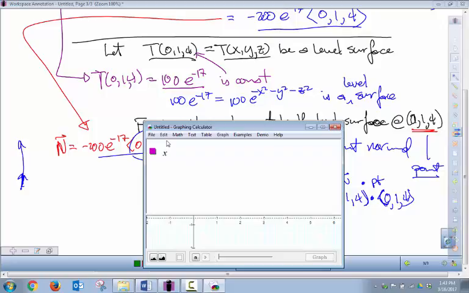It really just boils down to x squared plus y squared plus z squared equal to positive 17, right? And then we have our point, (0, 1, 4).